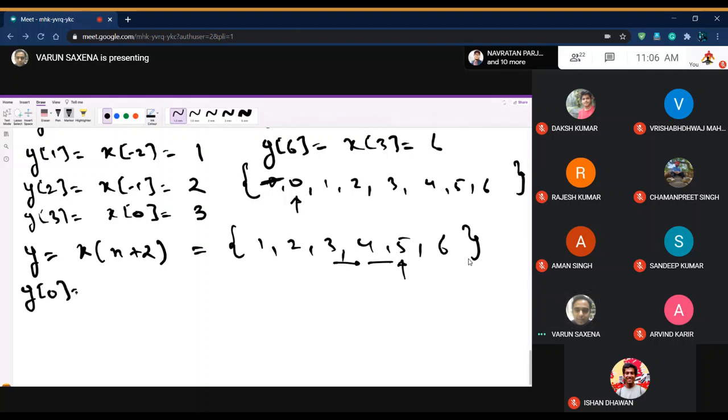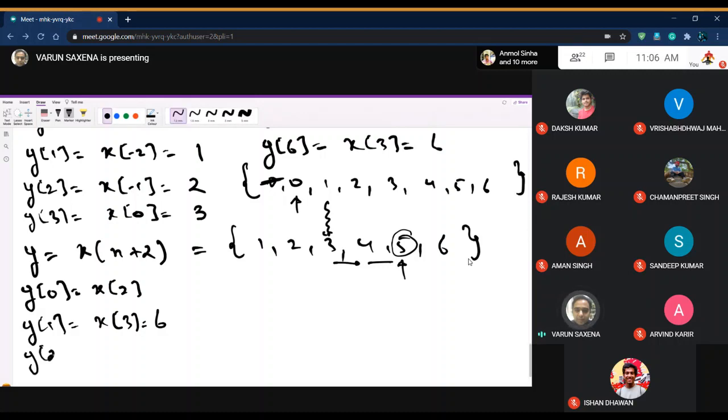y[0] is your x[2], and this was initially your 0 point. So x[2] is 5. So that means your center element will be 5. y[1] will be x[3], which is 6. y[2] will be x[4], which is 0 because there is no x[4]. y[3] is going to be x[5], which is 0.